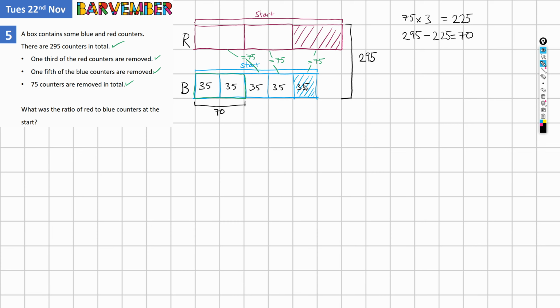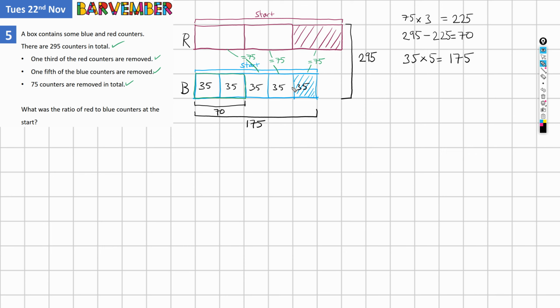Well, I can now calculate the value of this entire bar, which is 35 times 5, and that gives me 175. So I now know the value of the blue bar.